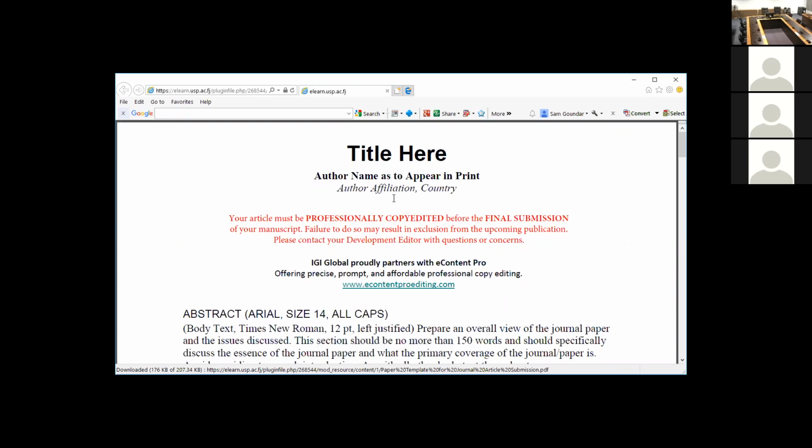So if you look at the way the paper is formatted, you have a title over here, author name, author affiliation, and country.